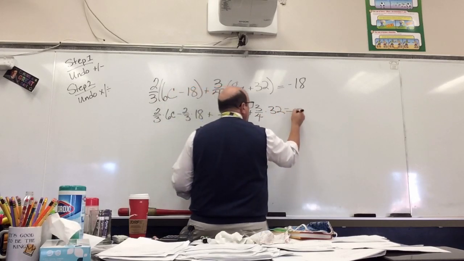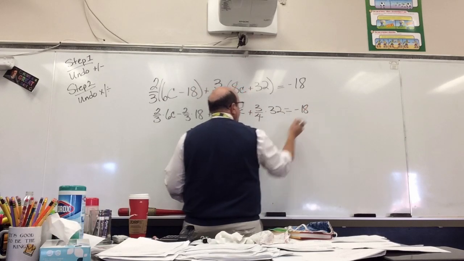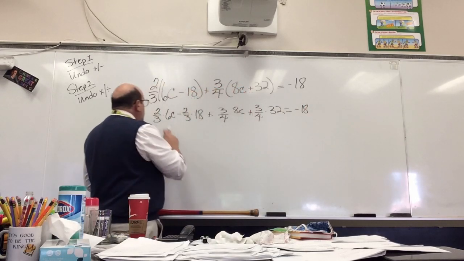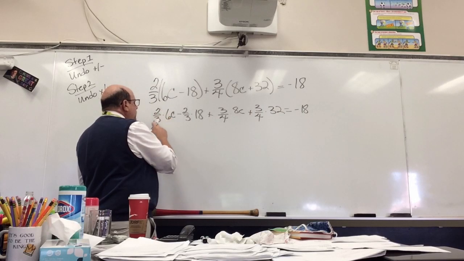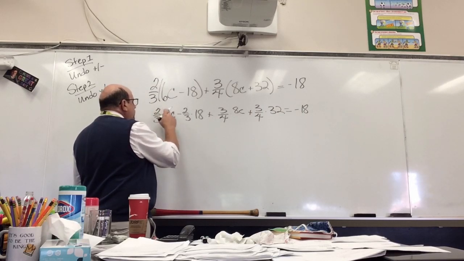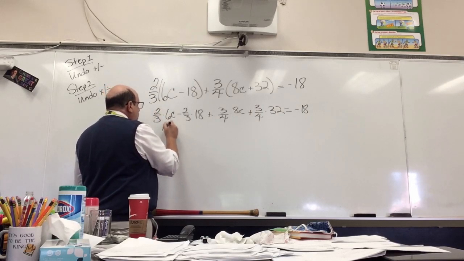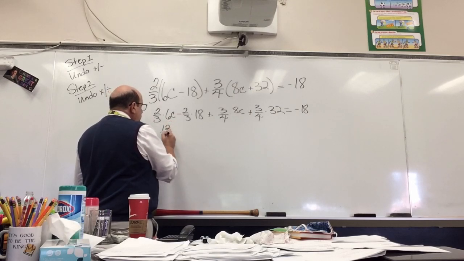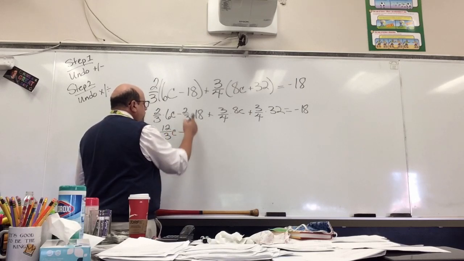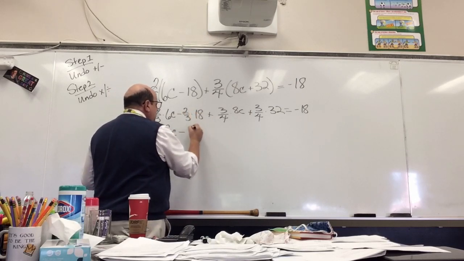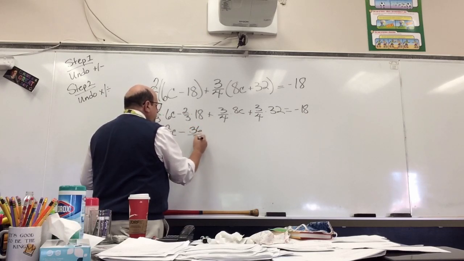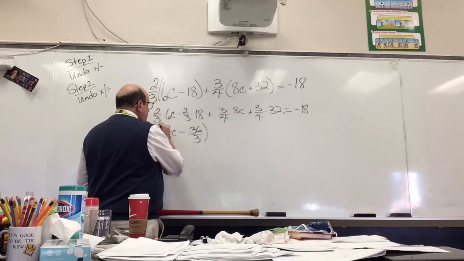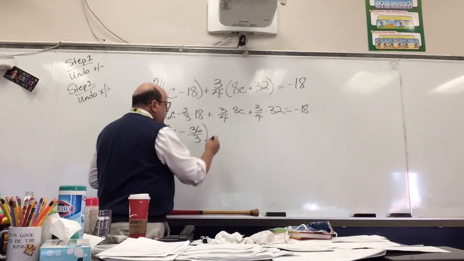All right, and that all equals -18. So what we do here is we multiply by 2 and then divide by 3. So 2 times 6 is 12 over 3C minus 2 times 18 is 36 over 3. And that's this set of parentheses here.